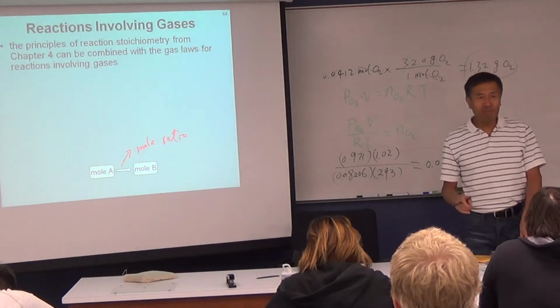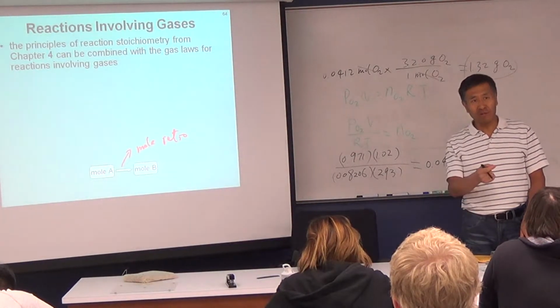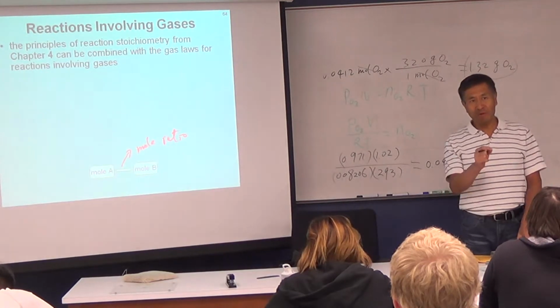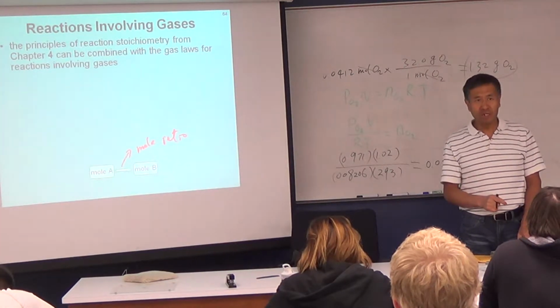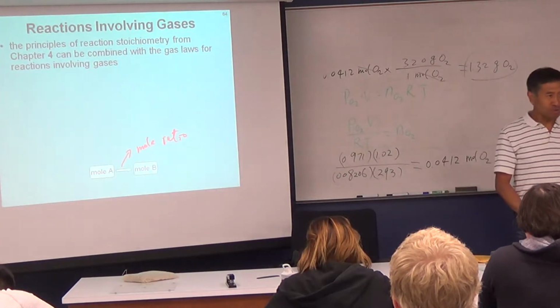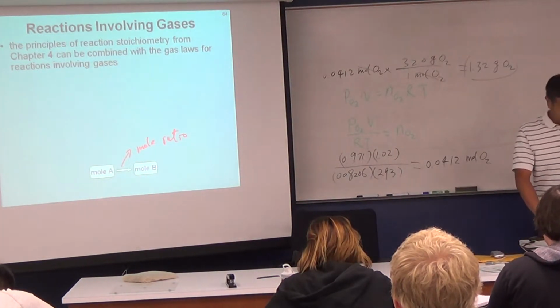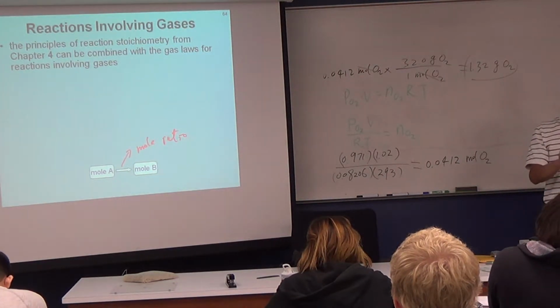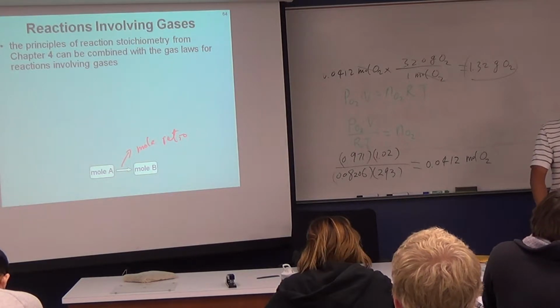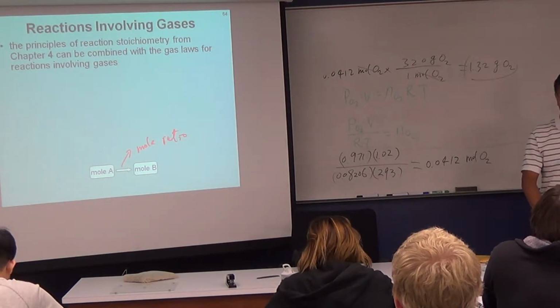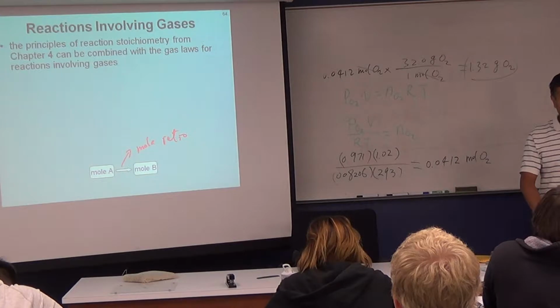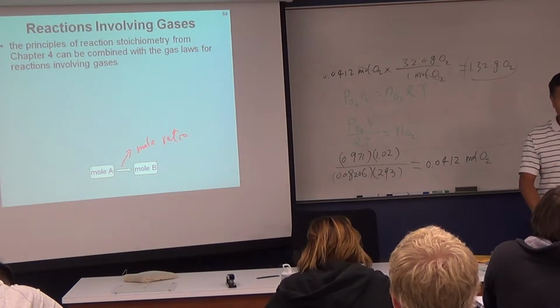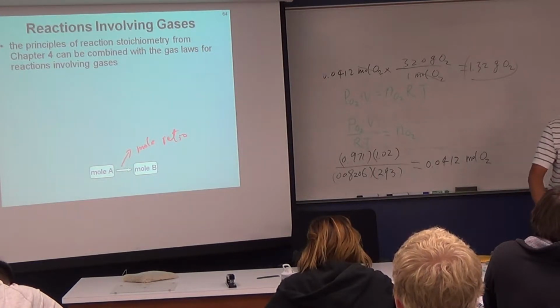You can call them mole ratios or molecular ratios, depending on the problem, because those coefficients have two units, either molecules or moles. Numerically they are the same. If you get a mole ratio of 1 to 1, that means 1 mole and 1 mole, which can also be understood as 1 molecule to 1 molecule. Mole ratio is very important.